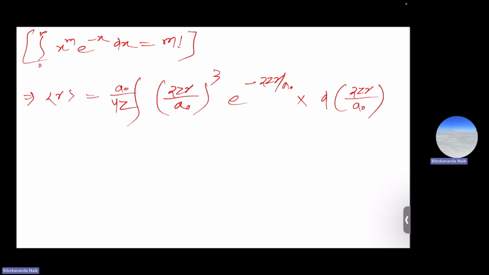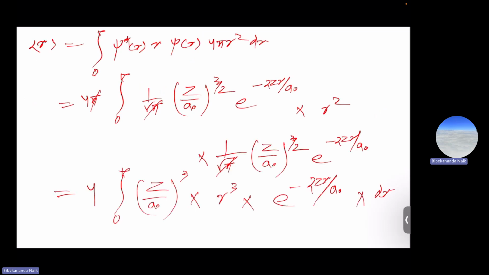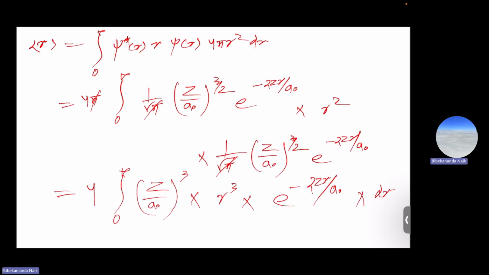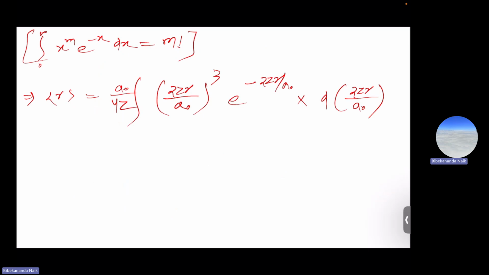How? Initially it was 4 outside. When we consider 2 cube, that is 8, it will be divided by 2 only. Then since we considered 2z by a0 here, we need to divide by 2z by a0, so it comes out to be a0 by 4z. Now you see this is x to the power m e to the power minus x dx, which is m factorial.